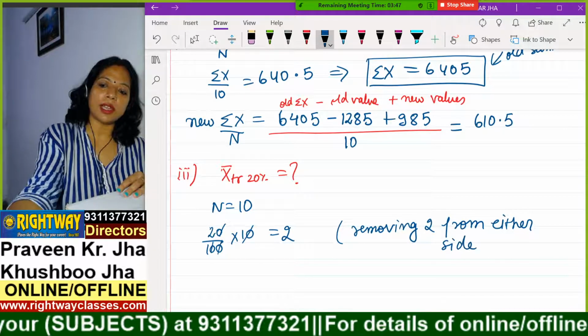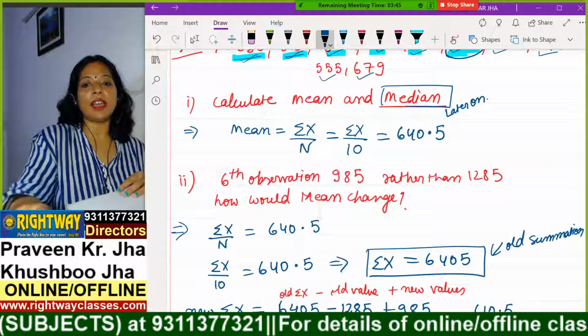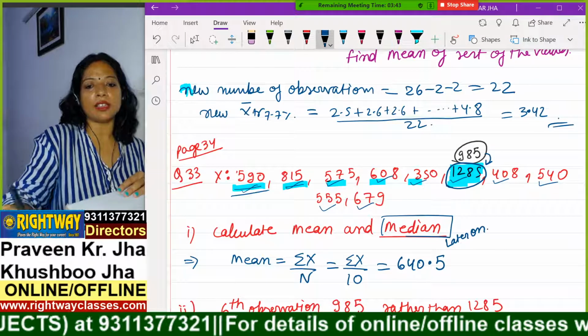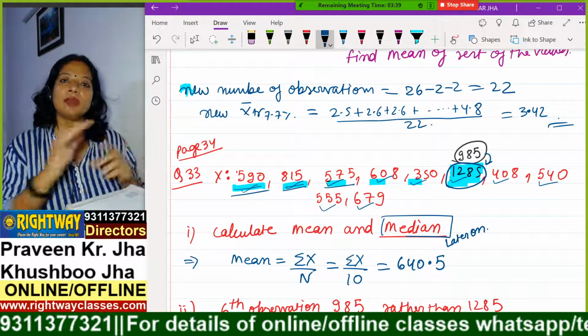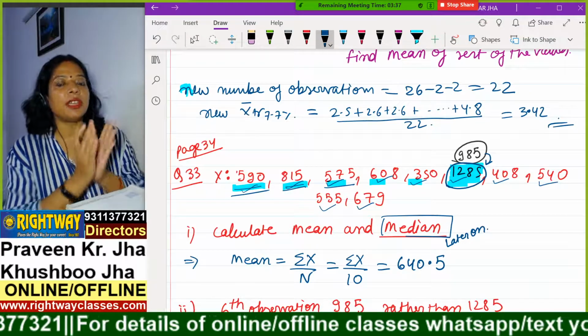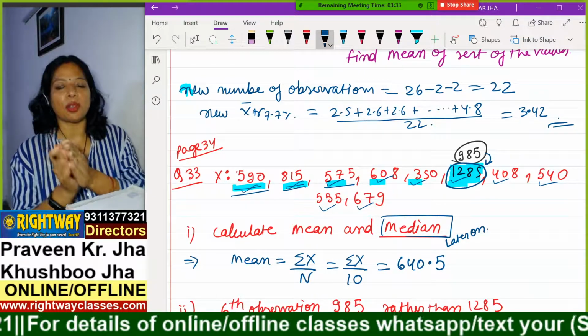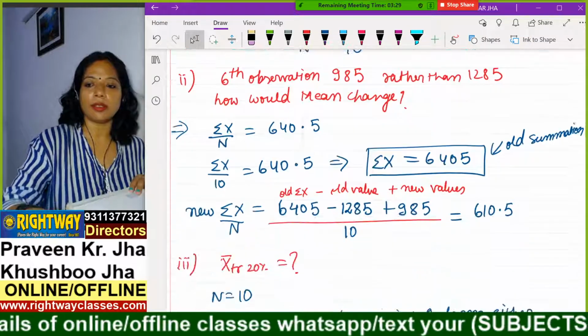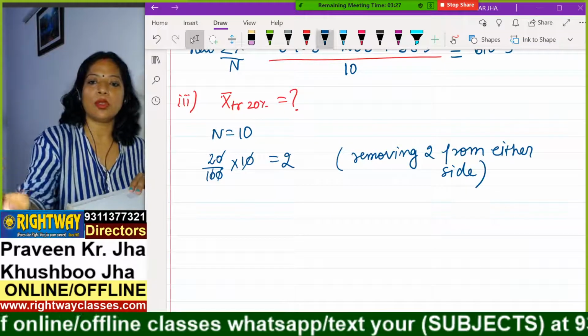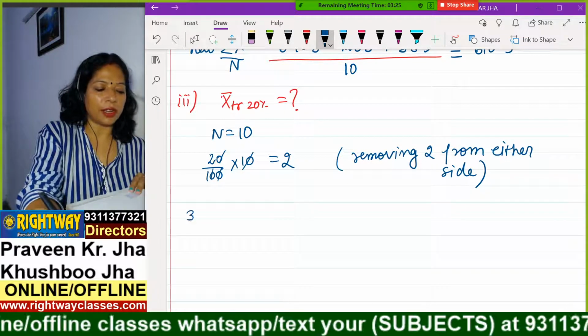But our data is not in the correct order. It's not in ascending order. Data is randomly given. So for the trimmed mean, ascending order is very important. So first we will do the ascending order. If we do ascending order, our data will be 350.